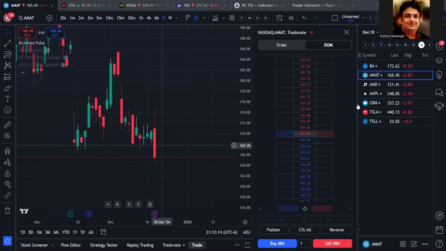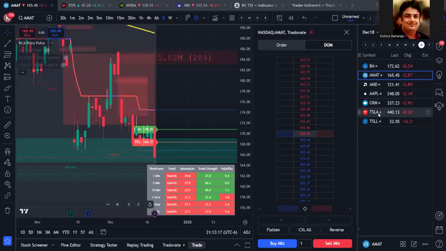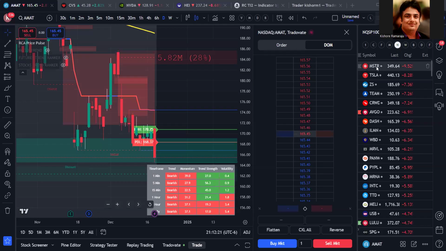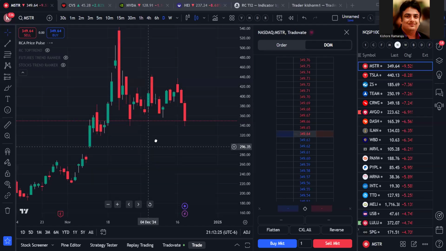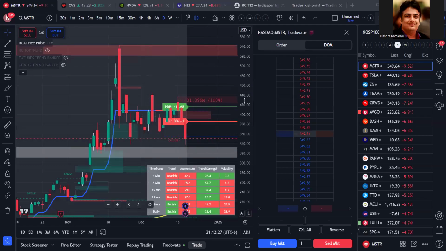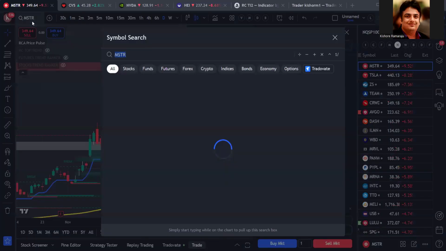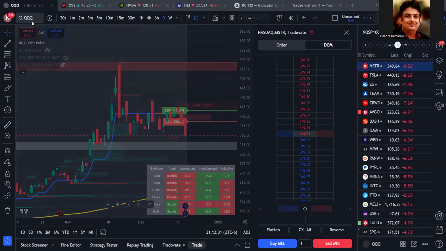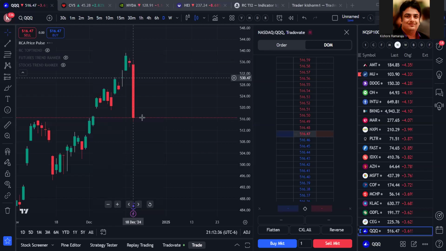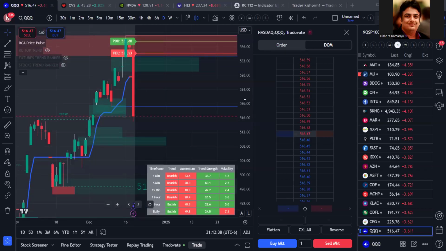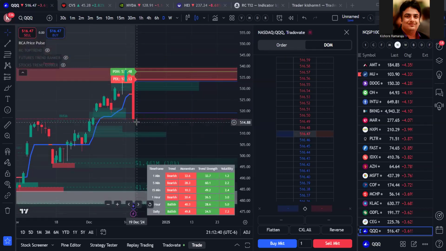UNH is still bearish. Okay, okay. Tomorrow it will minimum go and try to touch this 526 mark.